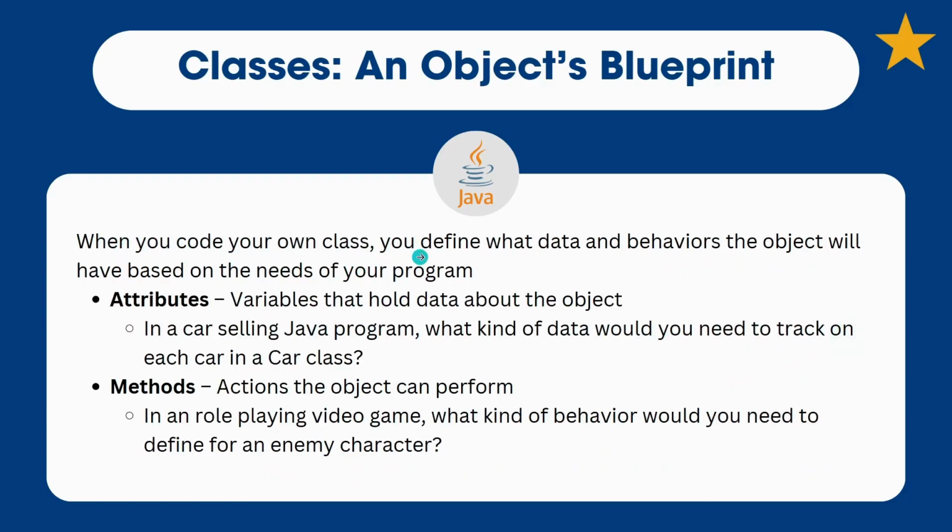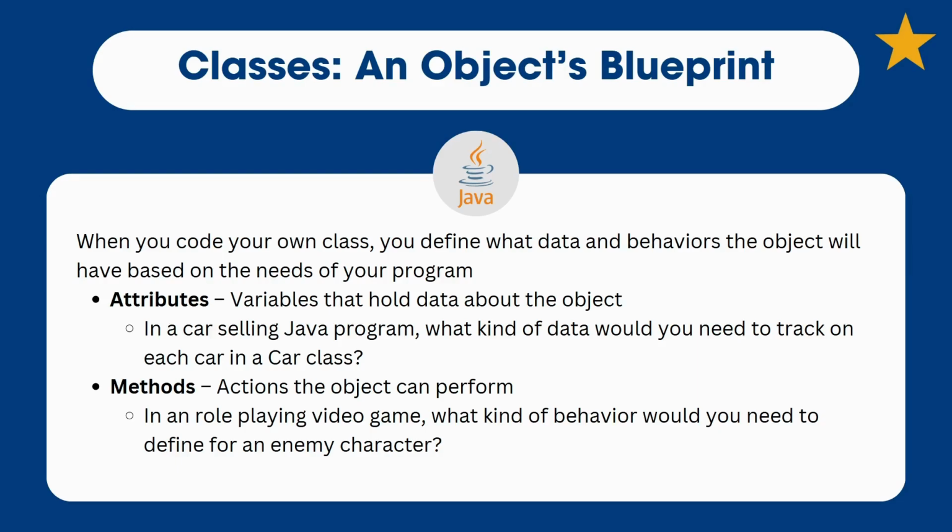So when you code your own class, you define what data and behaviors the object will have based on the needs of your program. So the attributes are variables that hold data about the object. So an object really is a group of variables. Those variables are being grouped together and they're being followed together through the life cycle of the object. When you just have variables declared in a program outside of a class, outside of an object, so just regular variables, they're not really grouped together, right?